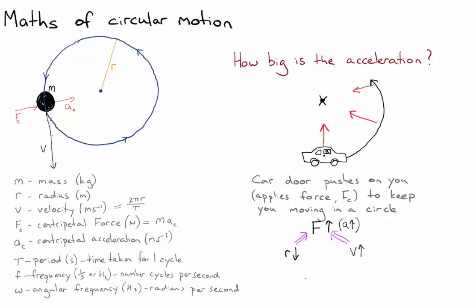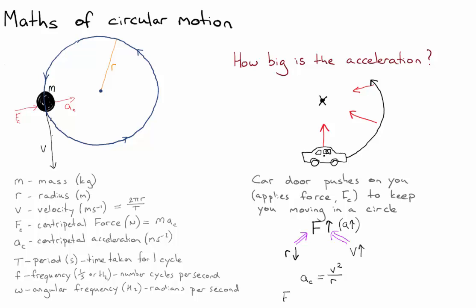And we can write an equation, of course, to summarise that, and it turns out that centripetal acceleration is proportional to v squared and proportional to 1 on r. And centripetal acceleration equals v squared on r.